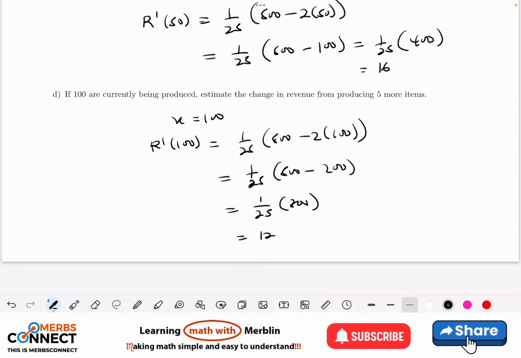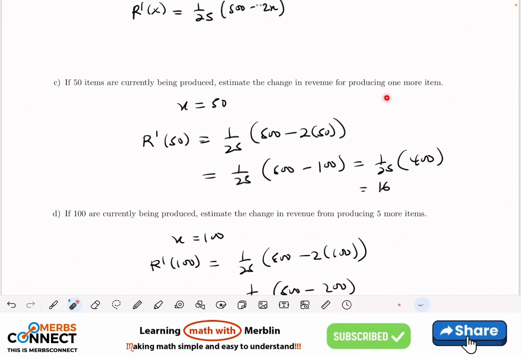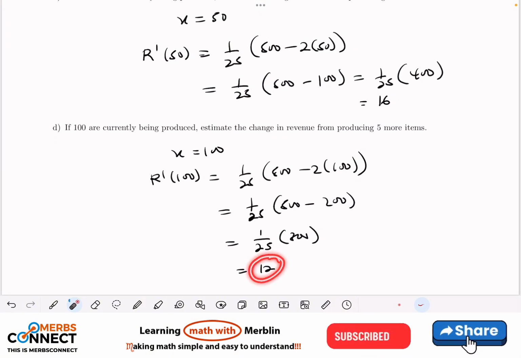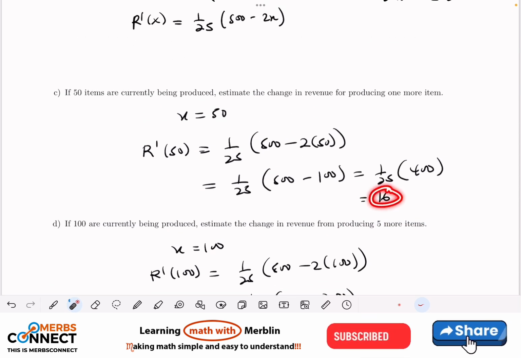Now we are not done. Why? Because now the question is asking us for 5 more items. Now this is for producing 1 more item. So here the 12 is the marginal cost, like that you are going to incur in producing only 1 item. Here, we are being asked to produce 5 more items. Previously, we had the 16 to be the result because we wanted to produce 1 more item.